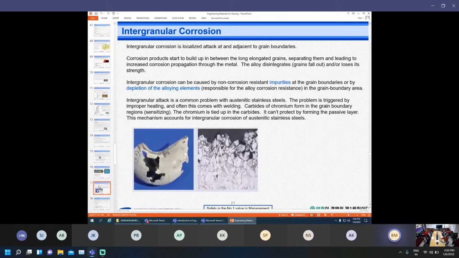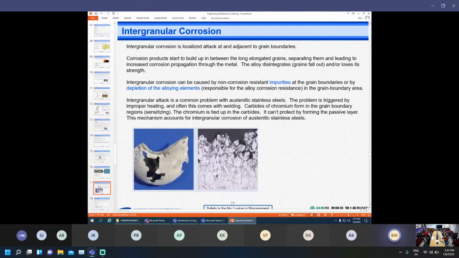These are quite used in the industry, that is called intergranular corrosion. Intergranular corrosion is basically a localized grain attack because every material has different grain size. Suppose there is some reason that is going to attack the grain boundary of any material, that is called intergranular corrosion.